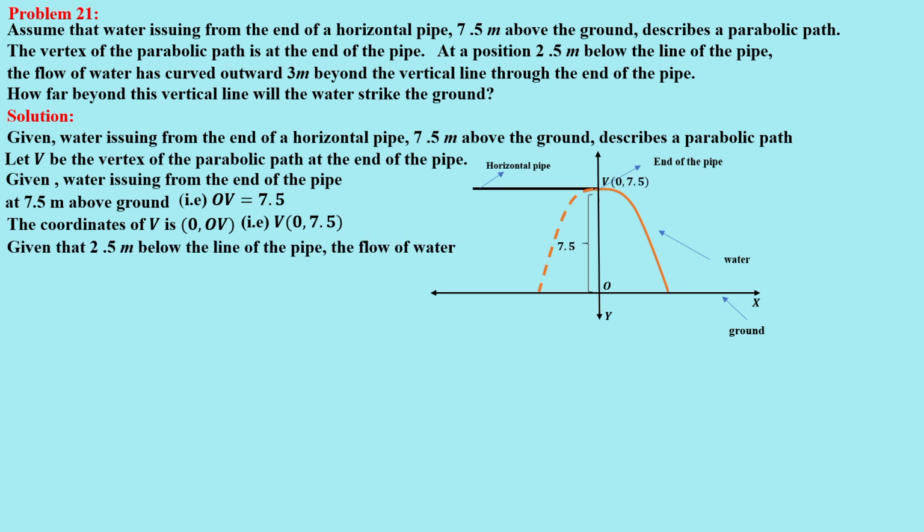Given that 2.5 meter below the line of the pipe, the flow of the water has curved outwards 3 meter beyond the vertical line through the end of the pipe.